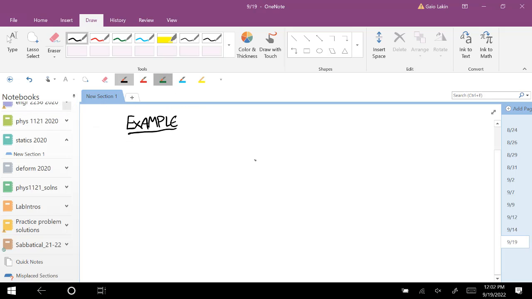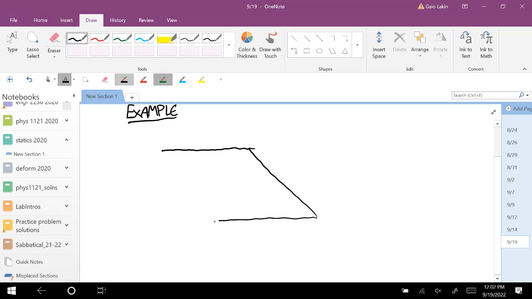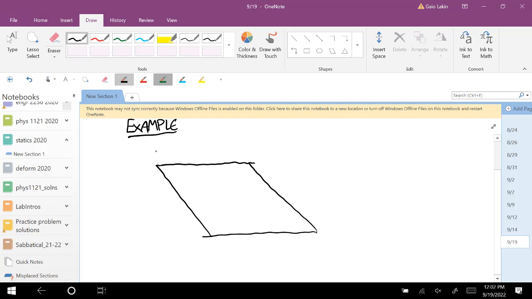So let's say we have a plate. And there are two hinges, so like pin joints. One is at that side and one is in the middle of the back.